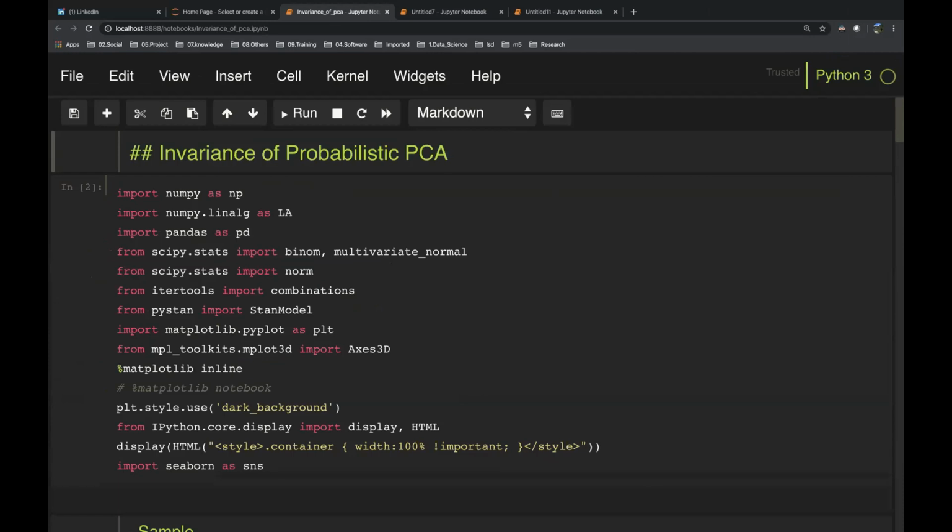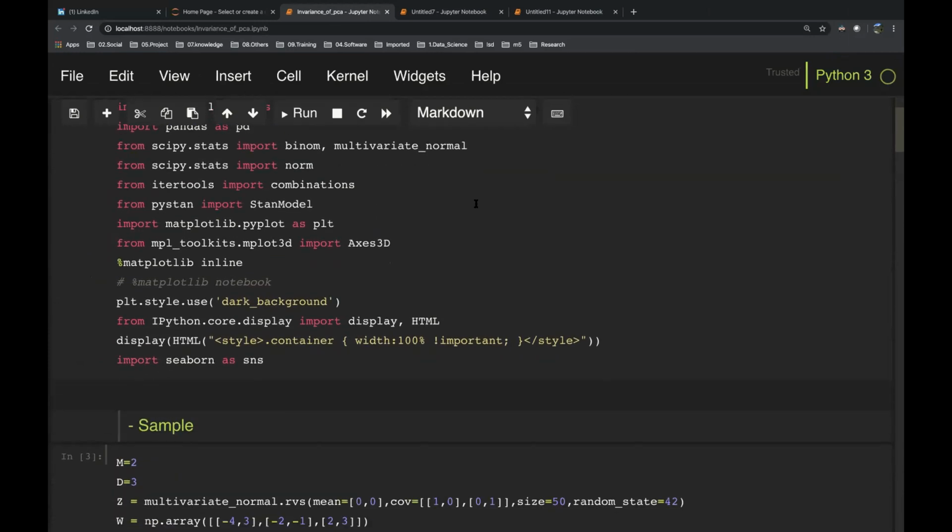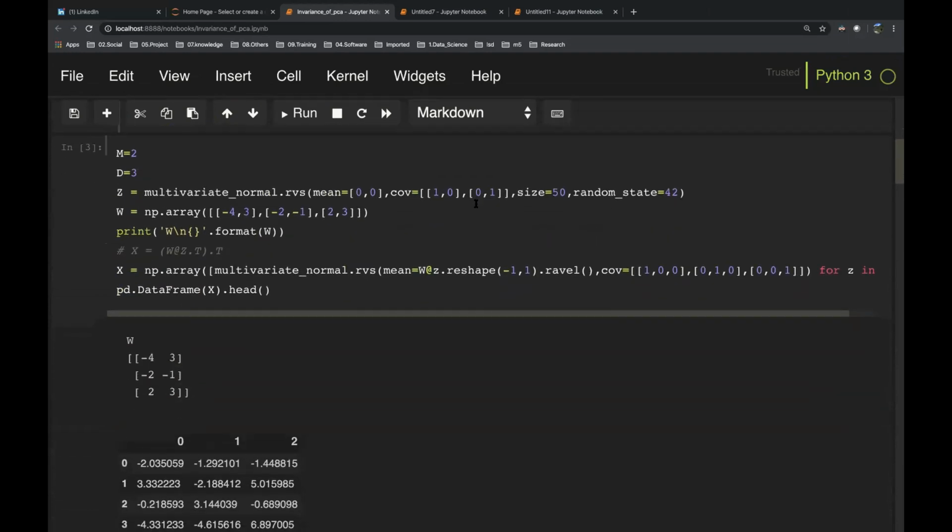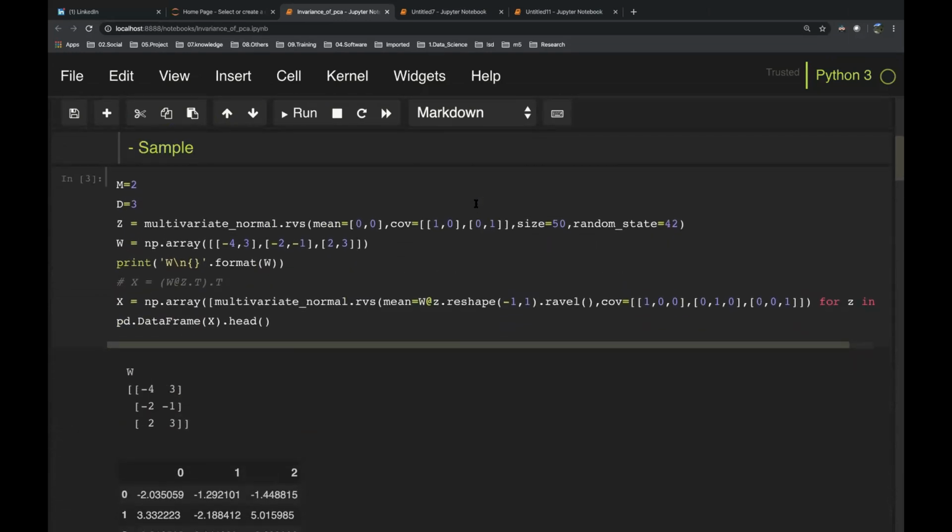First of all, I prepare the sample. In this case, the latent space is 2-dimension and the observed space is 3-dimension. Then Z is sampled, 50 samples are here. Then I set W like this. There's a linear transformation here. Also there's a covariance.